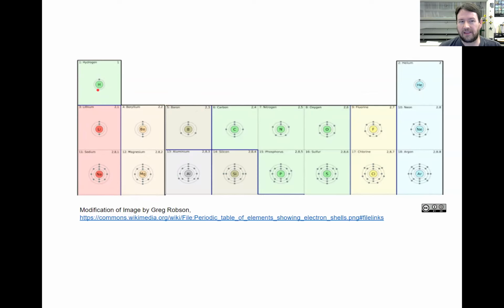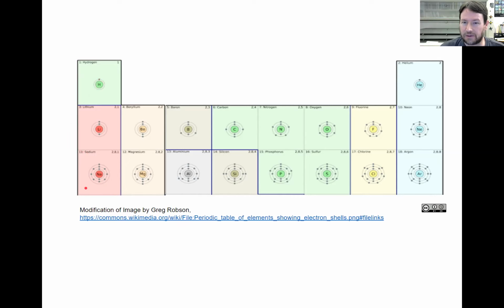But it turns out there can only be 2 electrons that close to the nucleus. These shells of electrons around a nucleus are kind of like energy levels. And this lowest energy level, the closest to the nucleus, doesn't have a whole lot of room in it, so it can only hold 2 electrons.